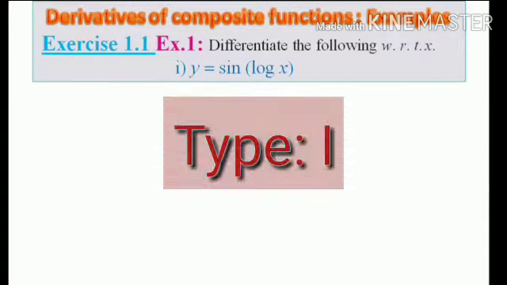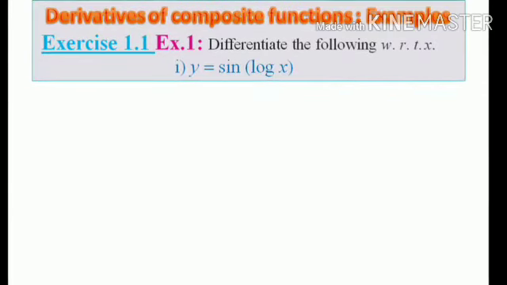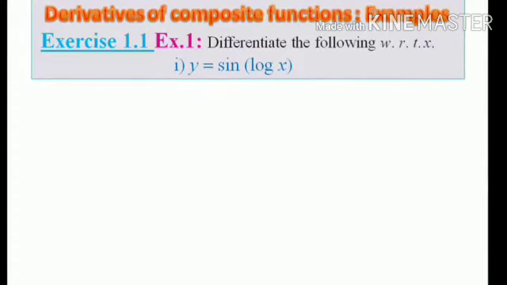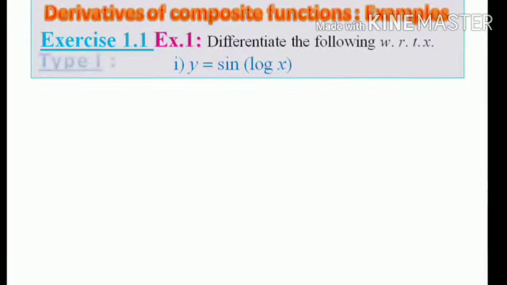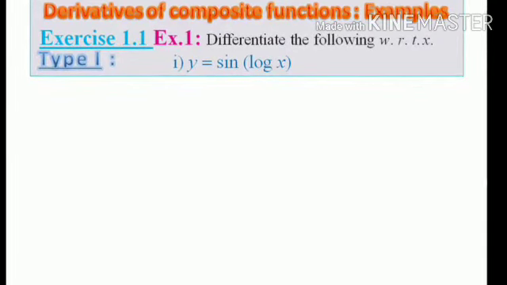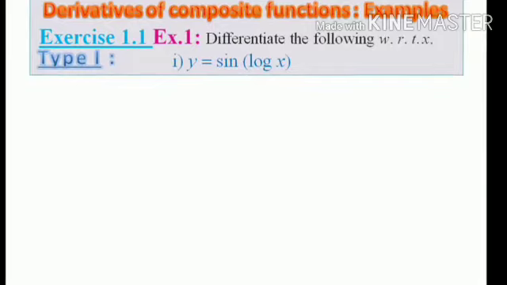Here we have taken the first example of Exercise 1.1: differentiate the following with respect to x. Here we have the first type of differentiation of the composite function. The first example is y equal to sine of log of x.